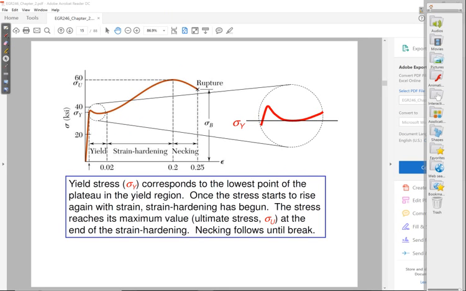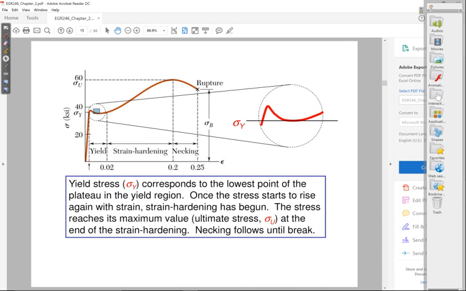And then all the way up to where the concave up portion of this curve ends is what we call the yield region. The yield region is actually very interesting.